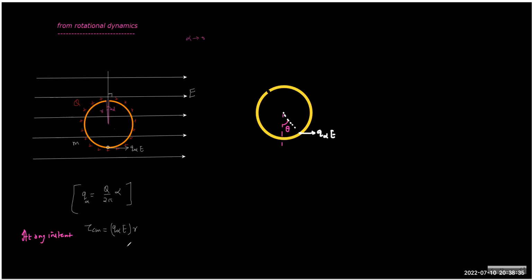So the torque about the center of mass is how much? Tell me, guys. Q into R into what is the arm length from the center? How far is the force? Sin theta. No, cos theta. Cos theta.